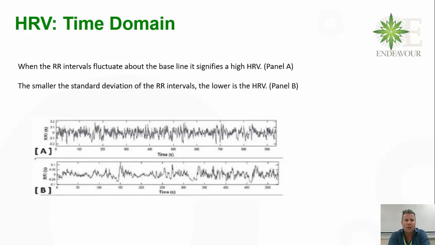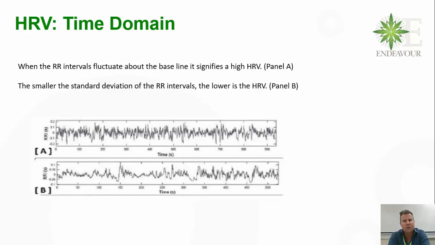In that bottom panel, you've got a much smaller standard deviation, a much lower variation in RR intervals across time, so you tend to have what's called a low heart rate variability.